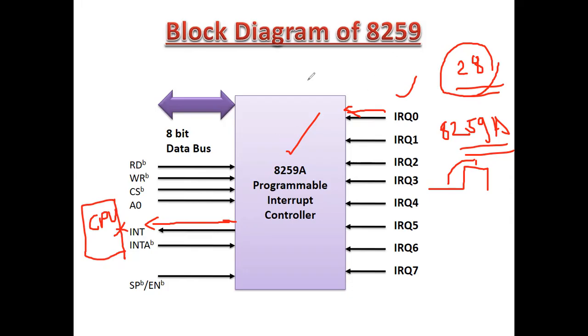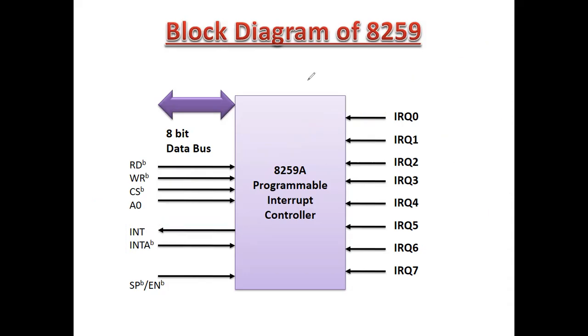Now next, this is the 8-bit data bus, and you can see this is bidirectional. This 8-bit data bus is bidirectional, and it carries 8-bit data, either to the control word or from the status word register.